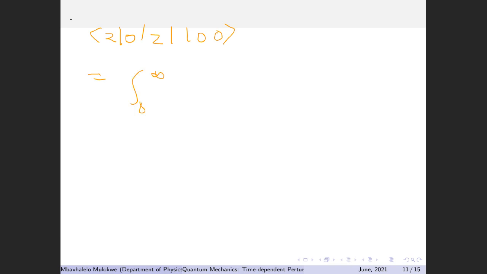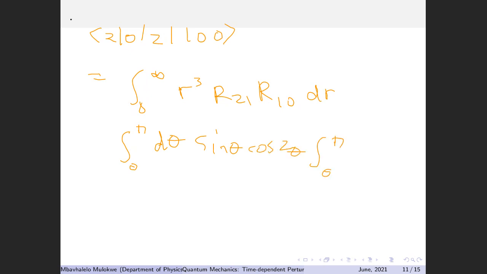Once you start multiplying everything out, you still have to do the integrals over the radial coordinates, r cubed, R21, R10, dr. Then you still have to do the integral over the angle, so this just gives you d theta sine theta cos squared theta. Integral over d phi: nothing in these things will really depend on phi, so you just get the integral of d phi, which gives you a factor of 2 pi.